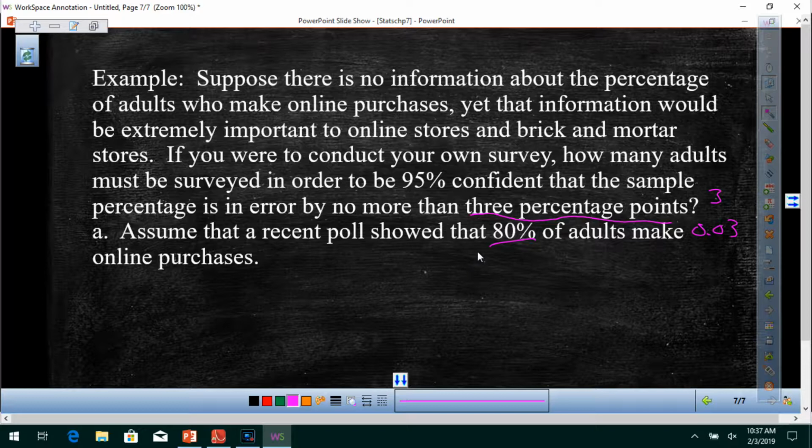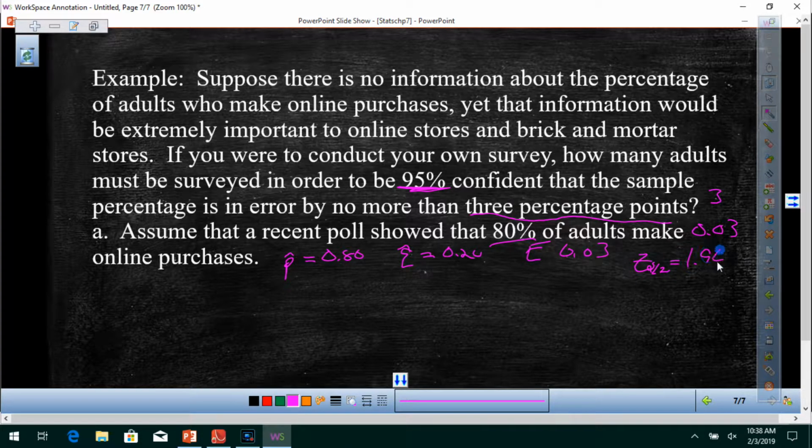So that would give you P hat equals 0.80, and so Q hat would be 0.20. And our margin of error is 0.03.